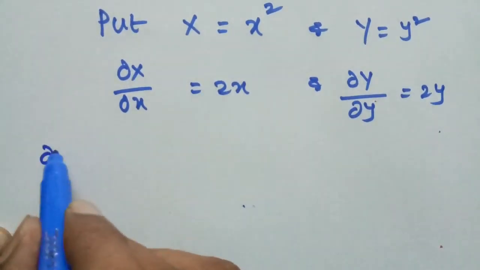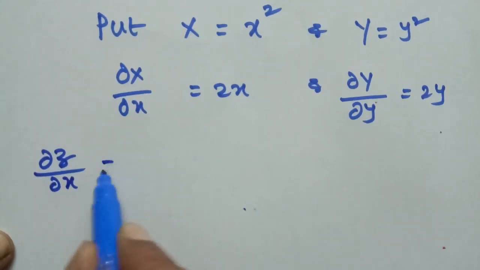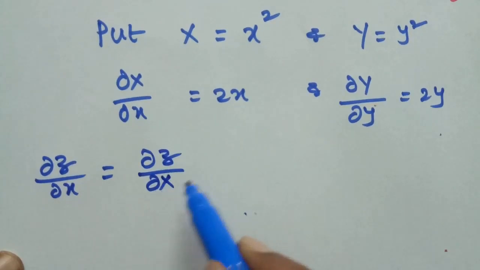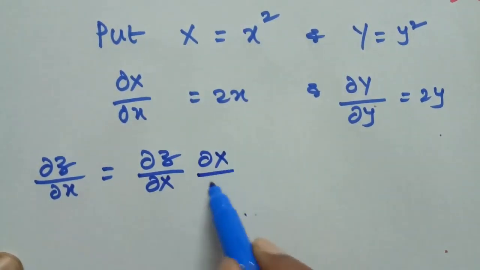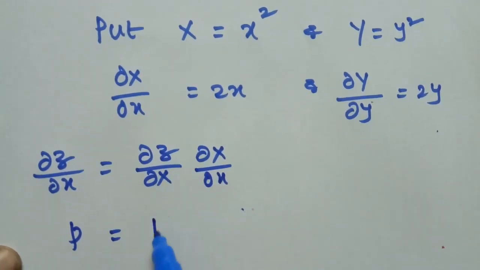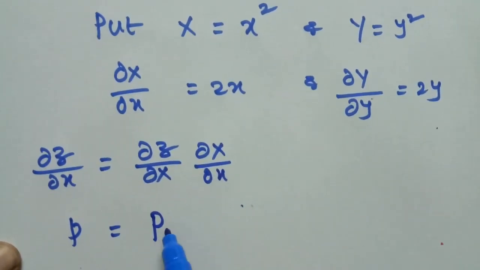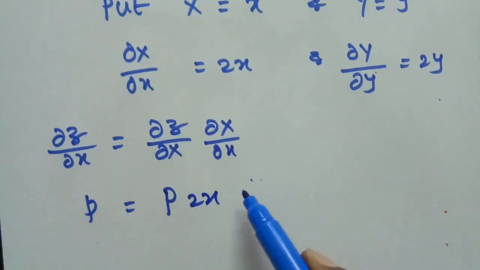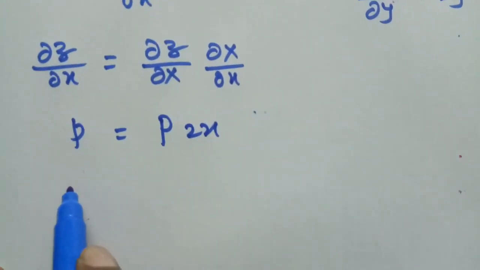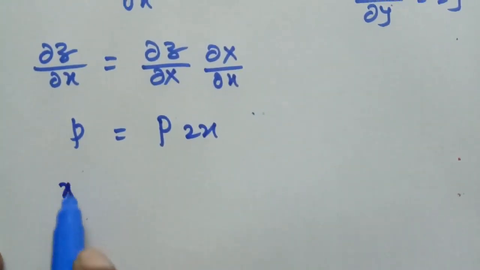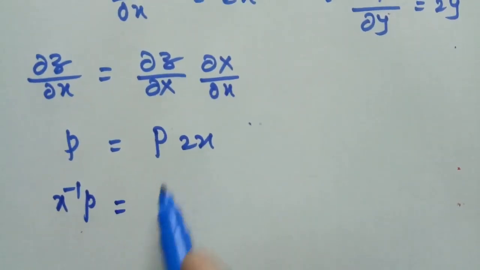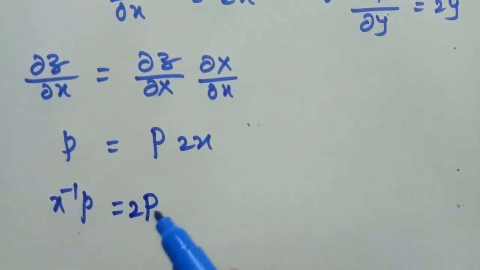Now, dou z by dou x: z is a function of capital X, as explained in the previous problem, and capital X is a function of small x. Therefore, small p is equal to capital P into dou capital X by dou x, which is 2x. Therefore, x power minus 1 into p is equal to capital P into 2.